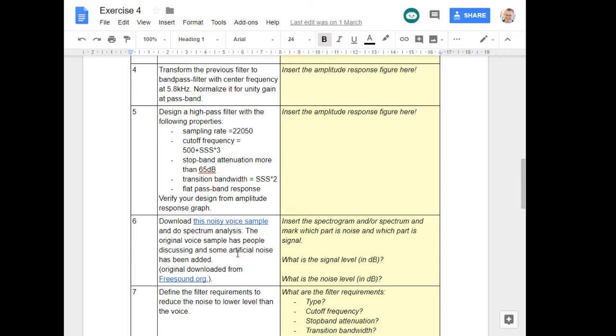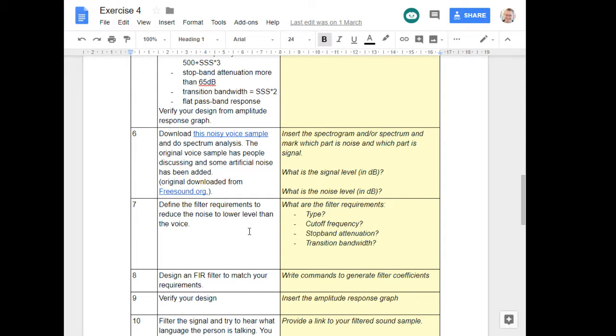Okay, now be careful and read it there. Cut-off frequency: the design point for cut-off frequency on the high-pass filter is the physical frequency where the cut-off frequency resides. Okay. All right, verify your design from the amplitude response graph.